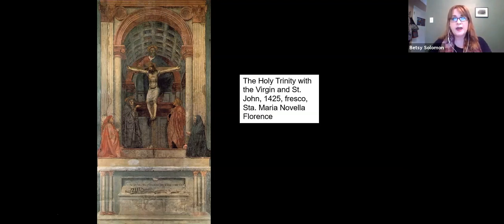Now, it just so happens that this particular painting, we know that it's flat because it's a fresco painting, but it creates this imagined niche of space behind the Trinity. And because Masaccio followed measurement quite carefully when he created this, art historians have been able to compare the measurements of the architectural components in the painting to the architectural components that actually exist in the Church of Santa Maria Novella.